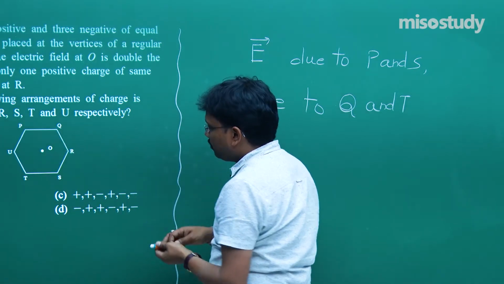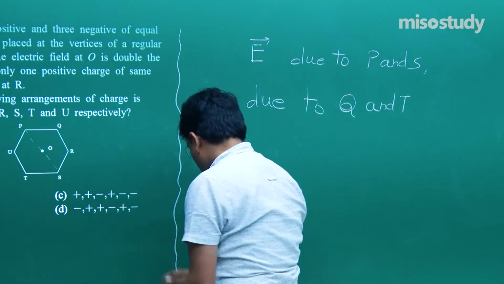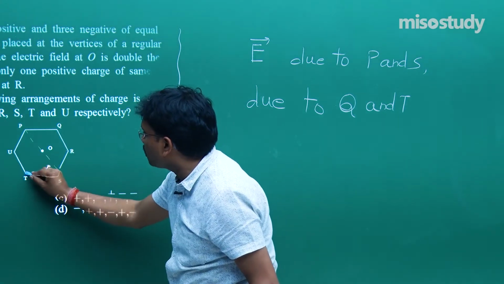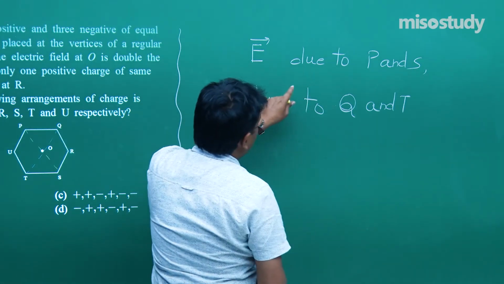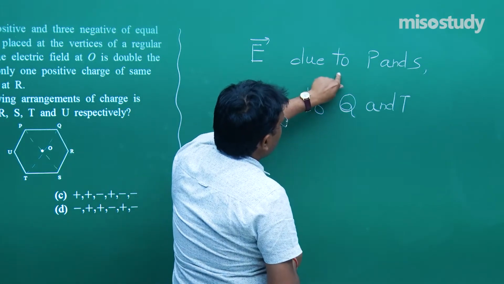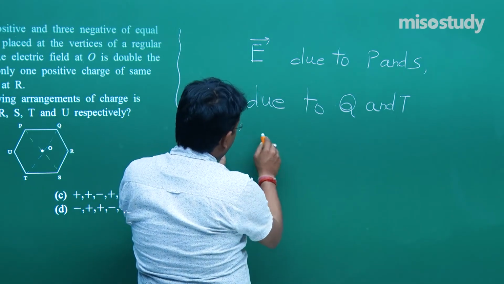Fine. Let me help you out. This way, and then this blue color chalk this way. Fine. If I am saying E due to P and S and due to Q and T, add to 0.